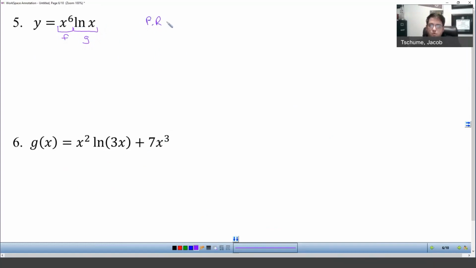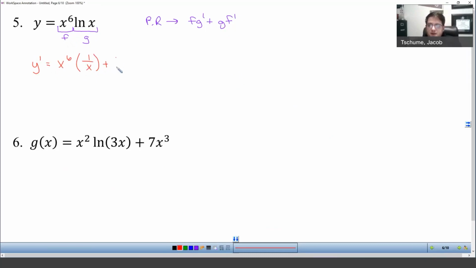So the product rule here, once again, is f times g prime plus g times f prime. So if I apply the product rule here, I'll take my f, which is x to the 6, times the derivative of g. The derivative of natural log of x is just going to be 1 over x.